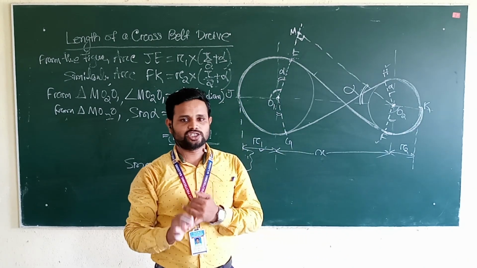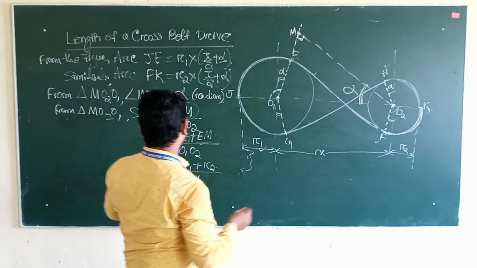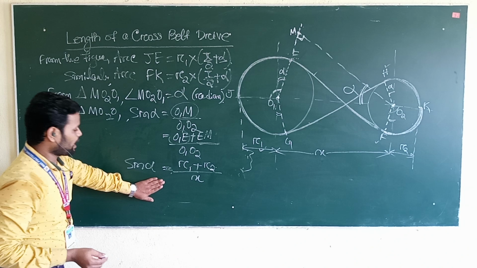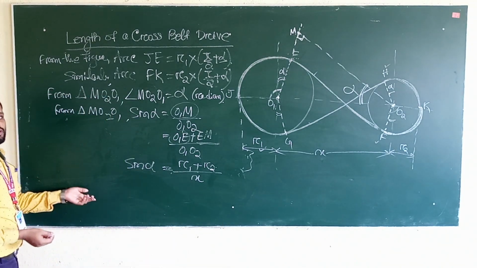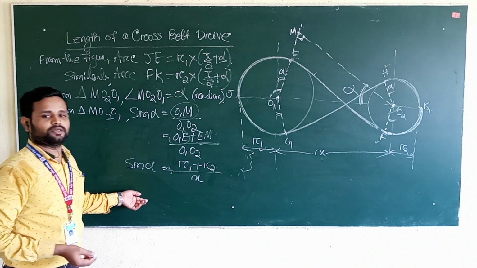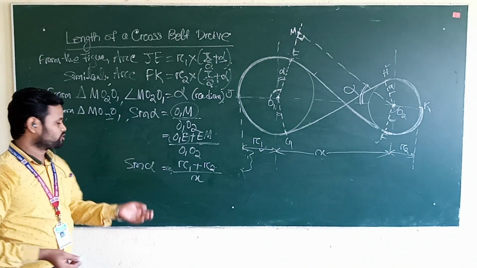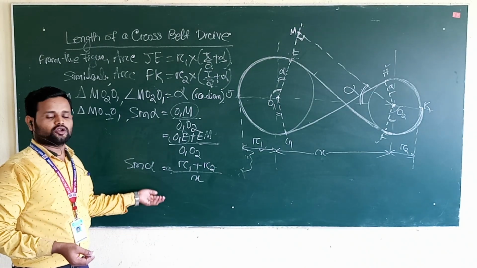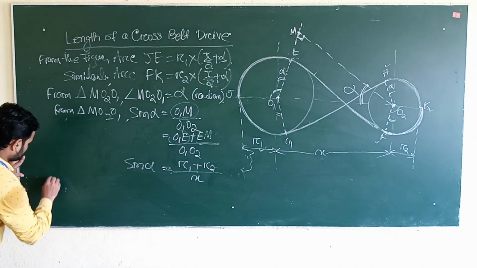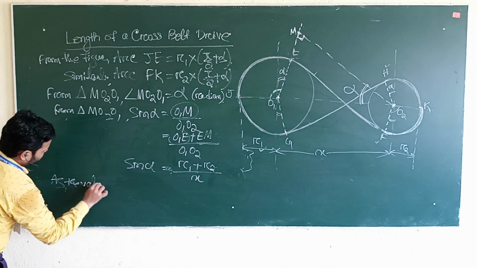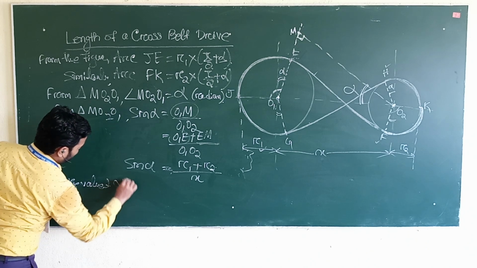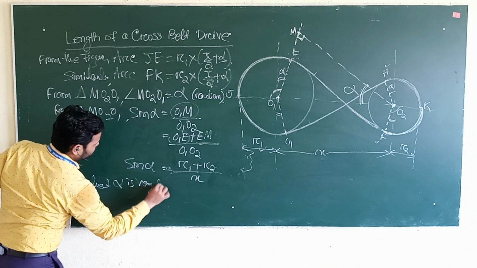As you know that sine 0 is how much? 0. So in place of sine alpha, we can write alpha. So we will write, as the value of alpha is very small, in place of sine alpha, we can also write alpha.